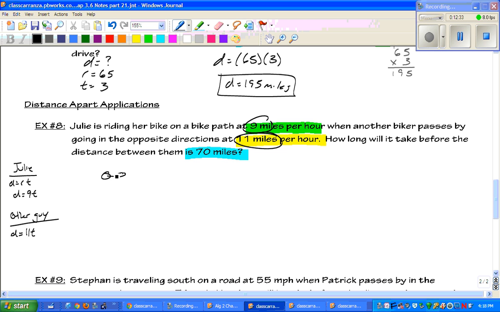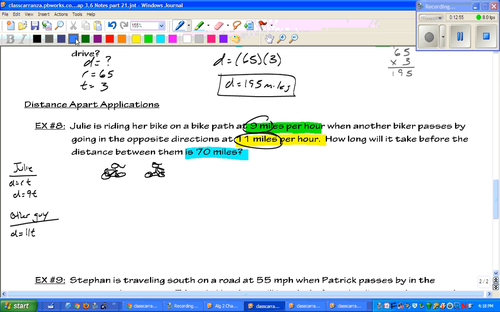So what we're going to do is we're going to draw a little picture. There's my bike. There's Julie, because she's got a little ponytail, and there's the other guy. He's got a baseball cap on.